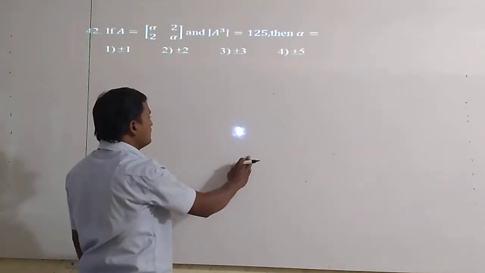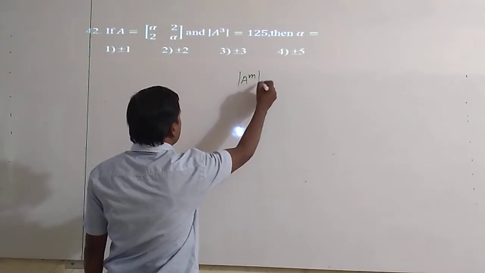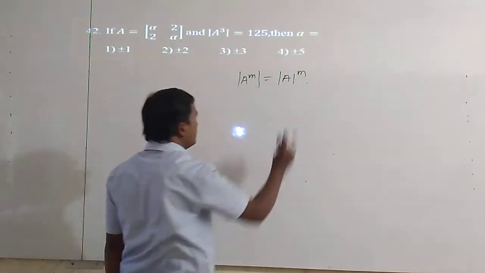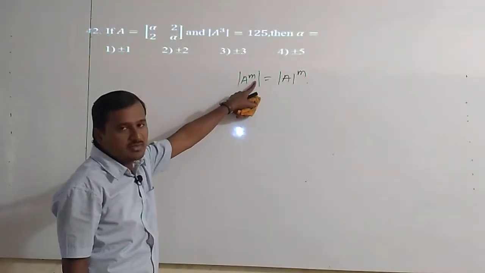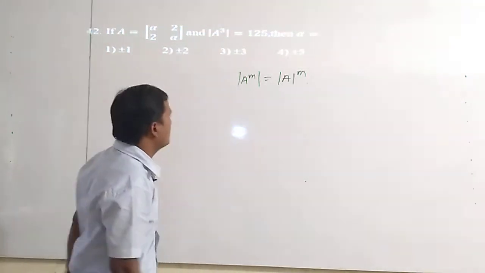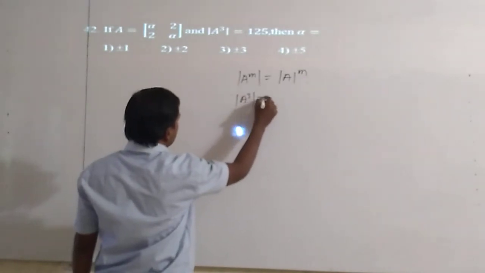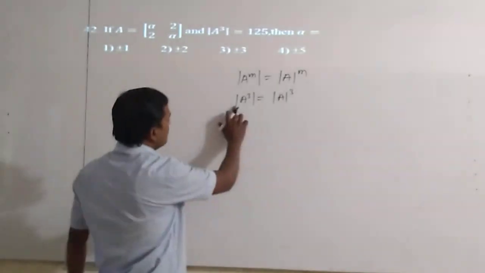We know that determinant of A raised to m is equal to determinant of A to the power m. This is the standard result. In this case, determinant of A cube is equal to determinant of A whole cube, right? They have given this value.